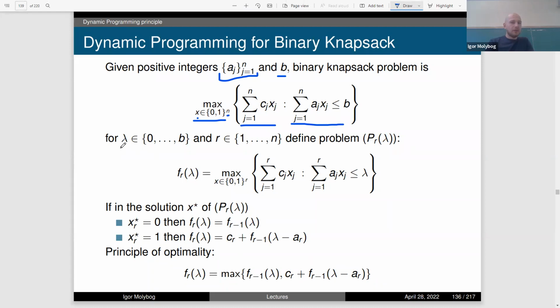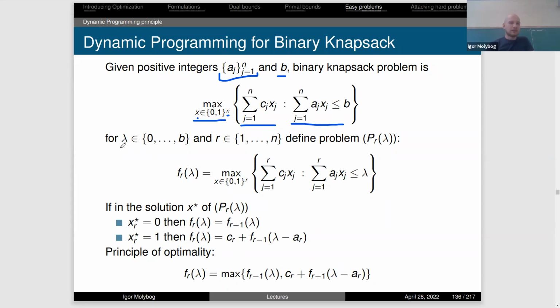And one important part here is that our b is not a very large number, and so we have an option to actually consider all of the numbers between 0 and b.